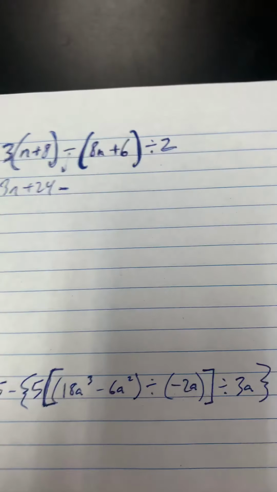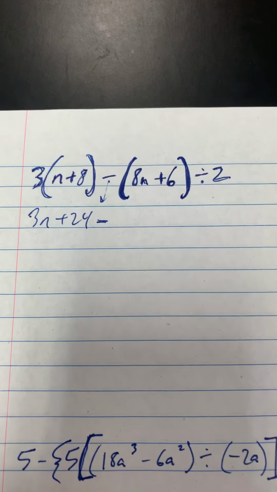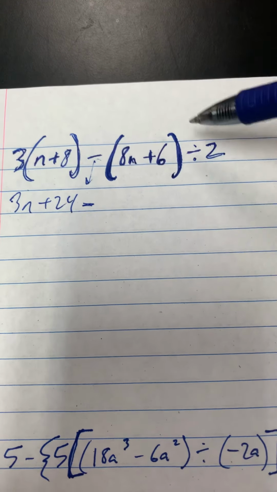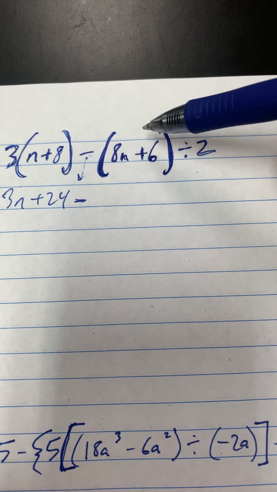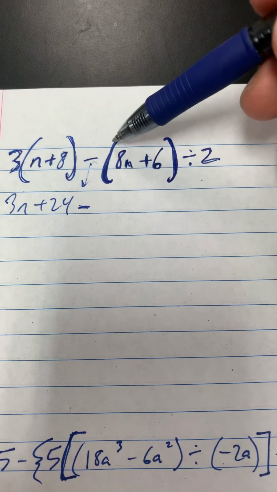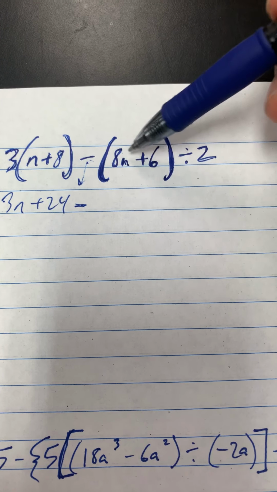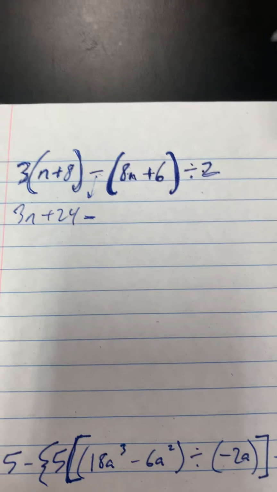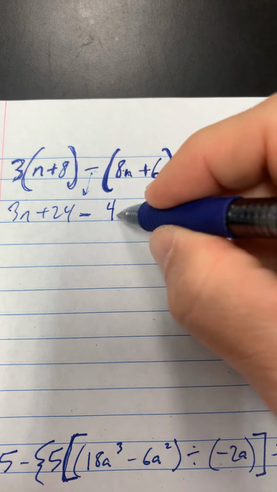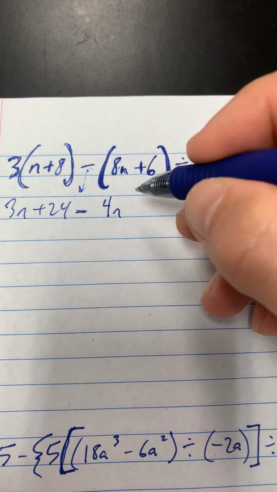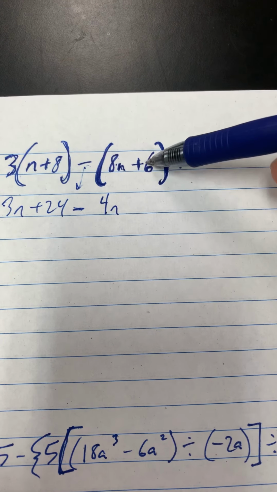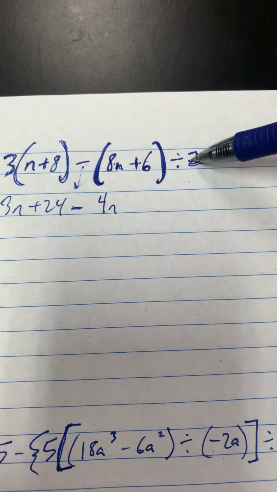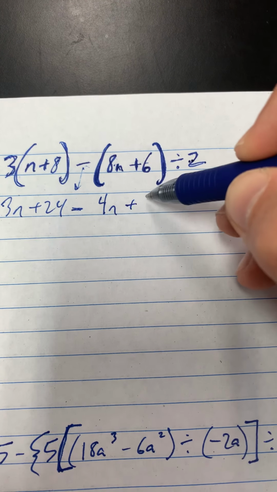I think so. All right. So then we're just going to bring this subtraction sign down. Okay, and then we're going to go ahead and divide here. Okay, so we're going to take 8n divided by 2, and that gives us 4n. And then we're going to take 6 divided by 2, and that's going to give us 3.